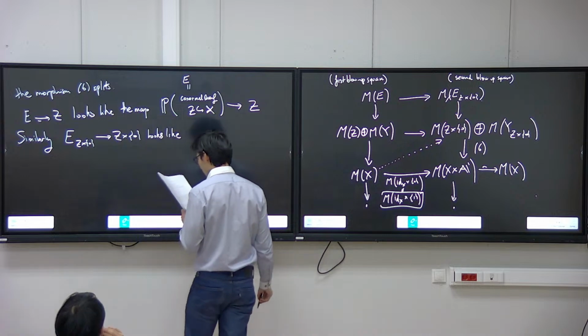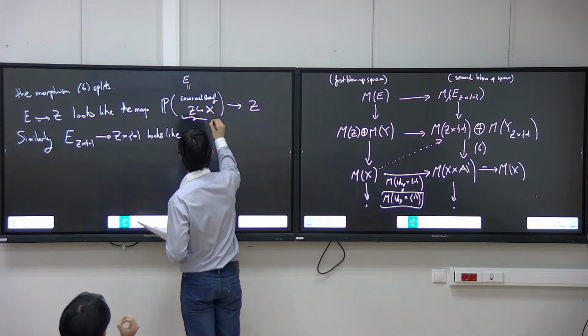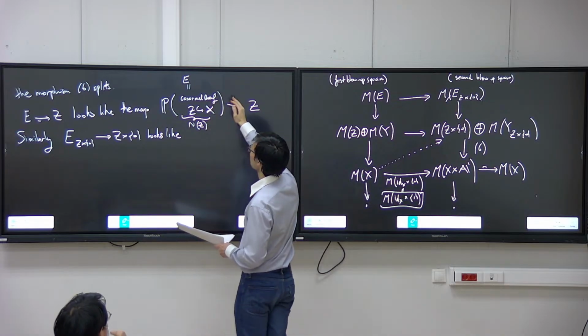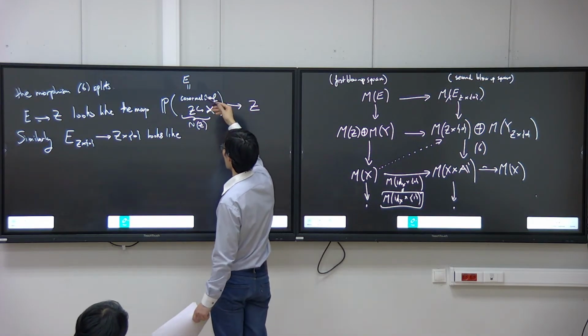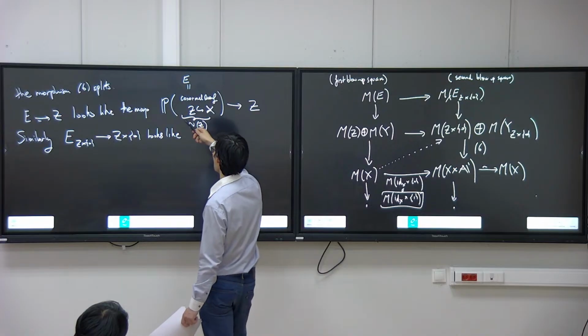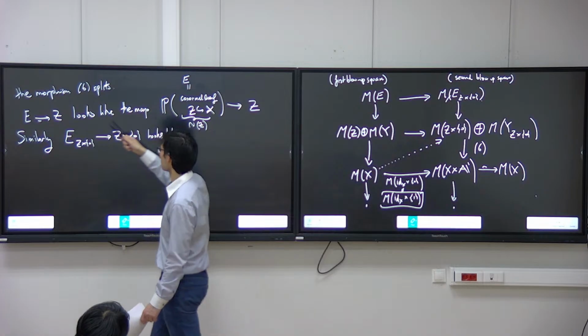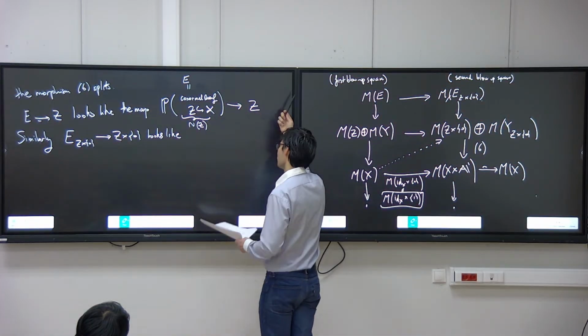Let me call this guy N of Z, this conormal sheaf. Anyway, if you don't know the definition of conormal sheaf, it's not really important. It's just that there is some vector bundle which makes this map E to Z look like a projective space bundle.